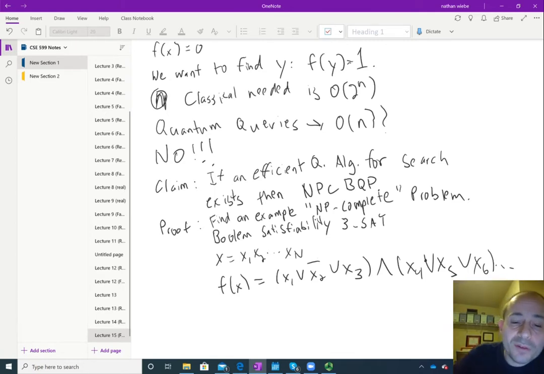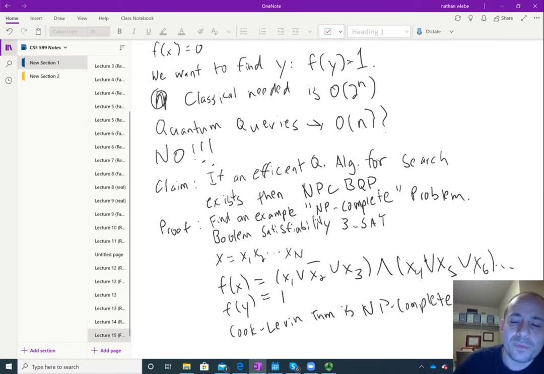And what we want to be able to do for this problem is identify a bit string y such that f of y equals 1. And this problem, by the Cook-Levin theorem, is NP complete.